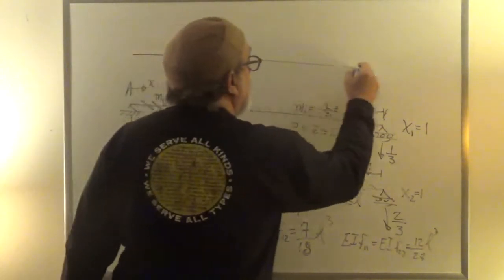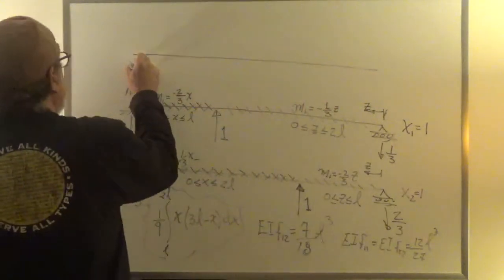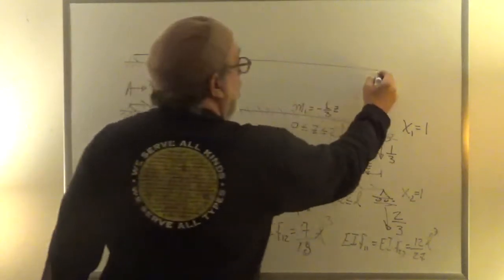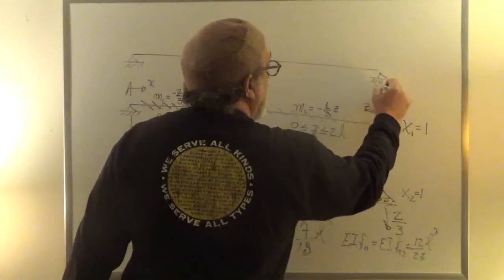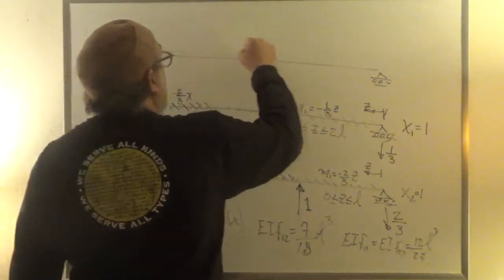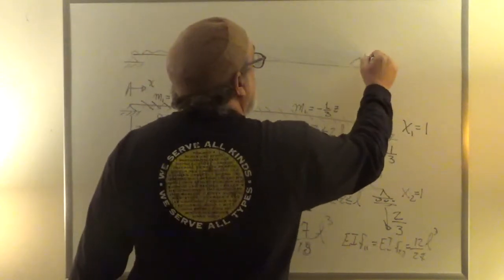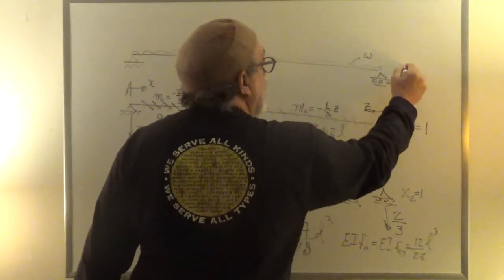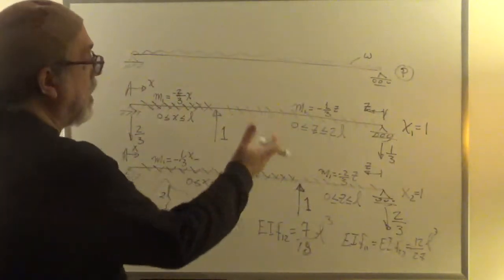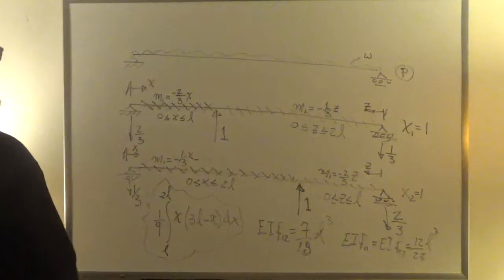So here is the primary structure, right? Without the redundance and with the loading, W. This is what we call the P-sketch, right? So we have the x1 equal to 1, the x2 equal to 1, and now the P-sketch.